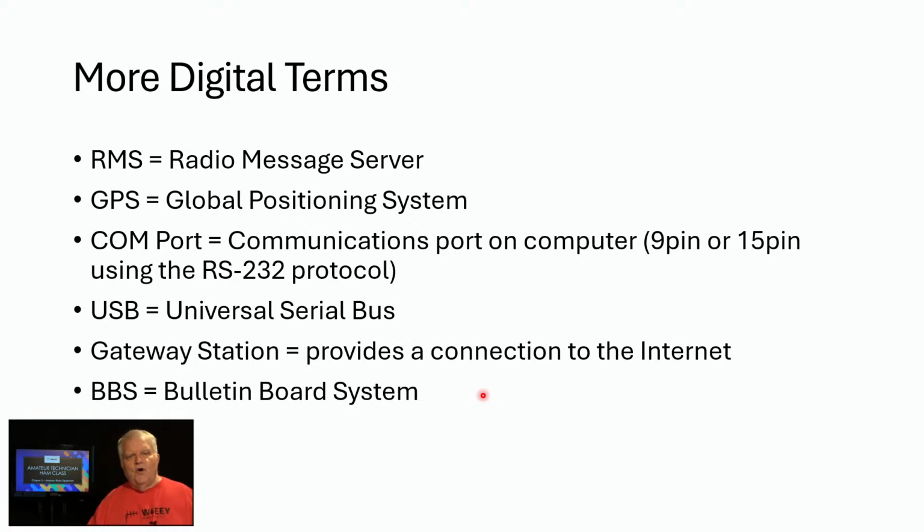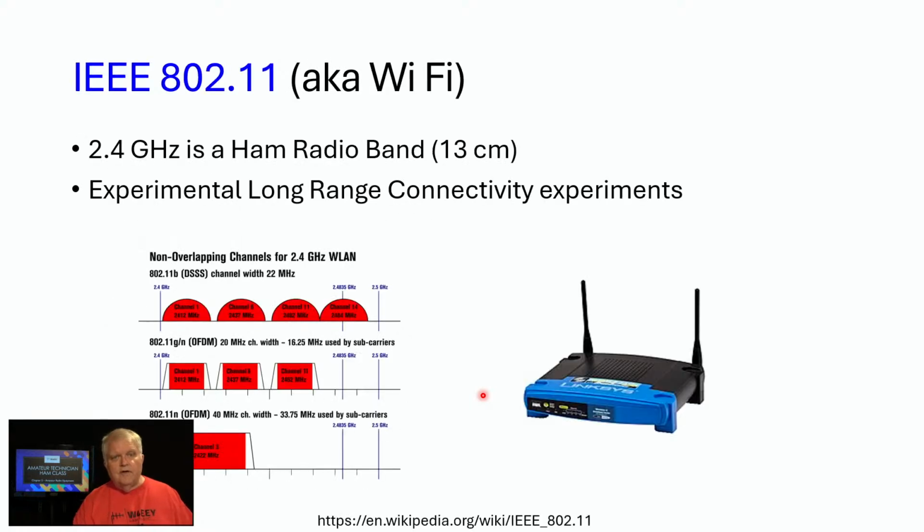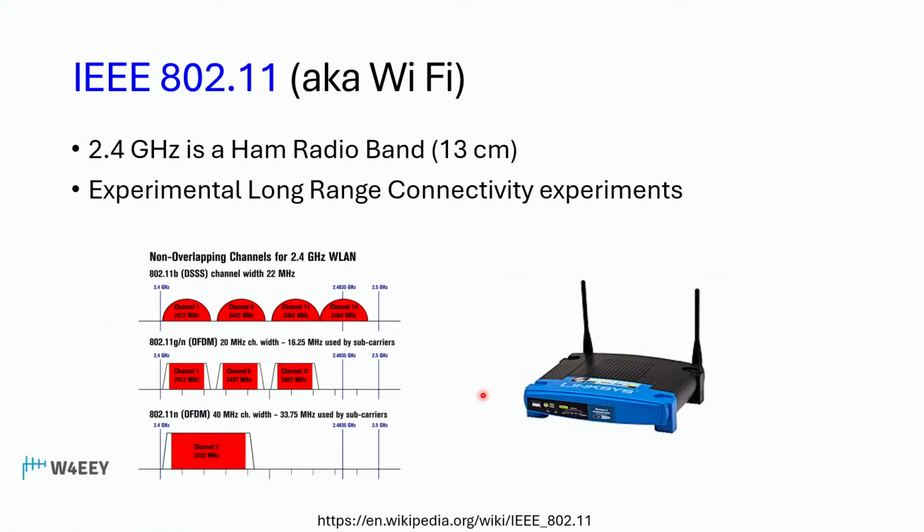All right, did you know that you have a radio in your house right now that is operating on an unlicensed basis, a shared basis, on a ham band? You do, if you have Wi-Fi in your house. The 2.4 gigahertz band is a ham radio band, 13 centimeters.